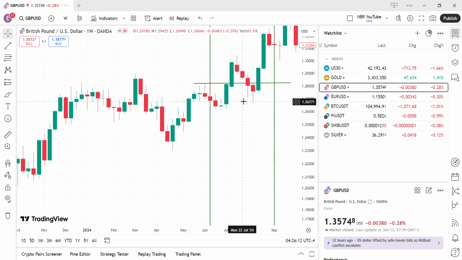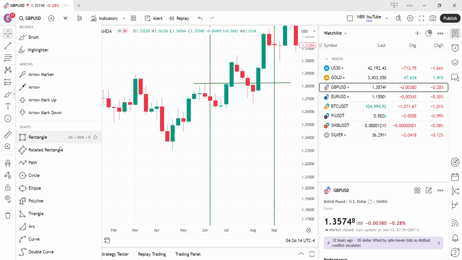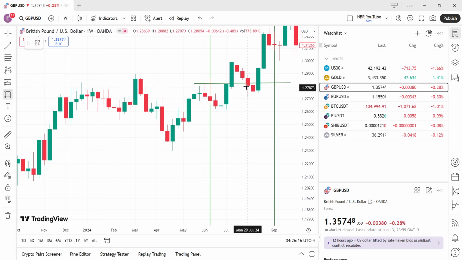You can imagine that your entry is going to be from here, and your stop loss is going to be below at this swing low. It is the reason we have here a failed order block.